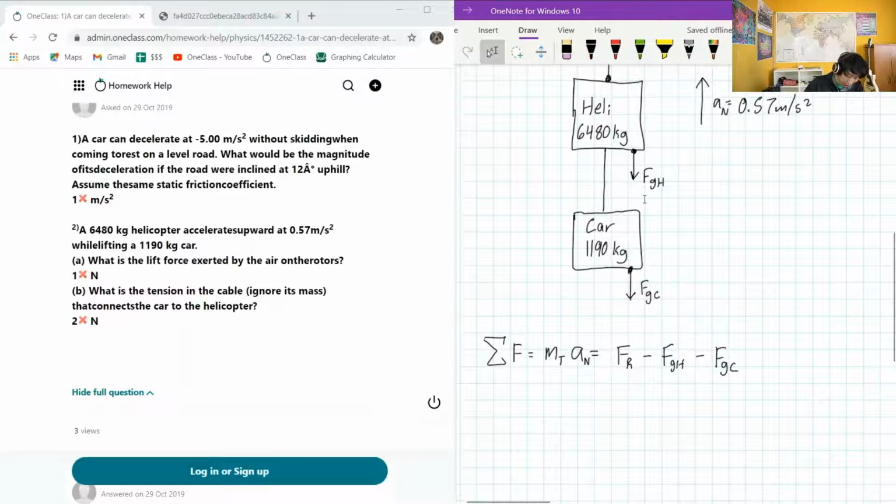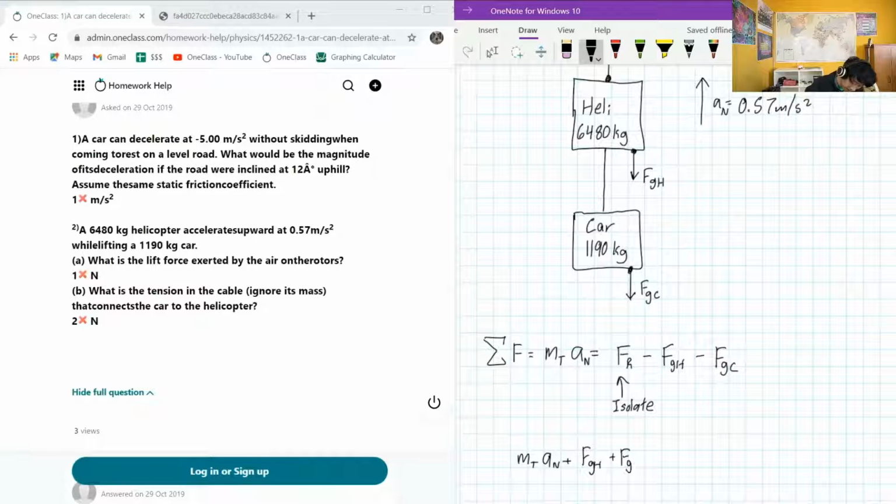Given this, we want to isolate the rotor force. To do that, we just send FGH and FGC to the other side: MT AN plus FGH plus FGC is equal to the rotor force.